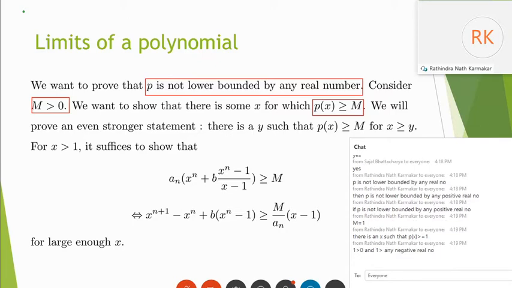Then for this x, p of x is greater than 0 and p of x is also greater than any negative real number. So now do you see why not being lower bounded by positive real numbers is the same as not being lower bounded by any real number?